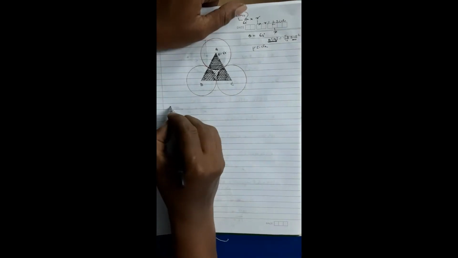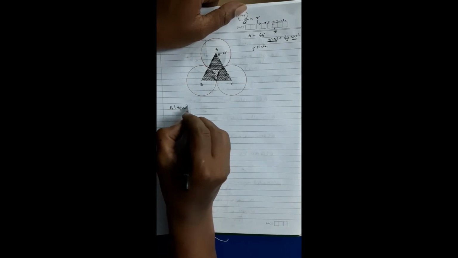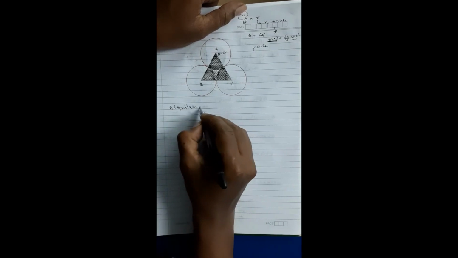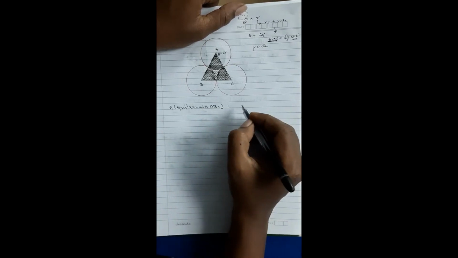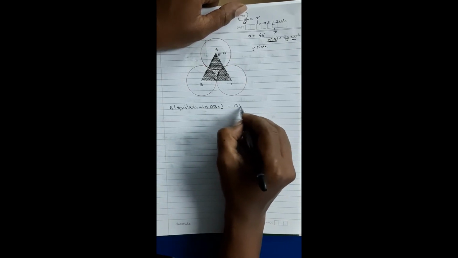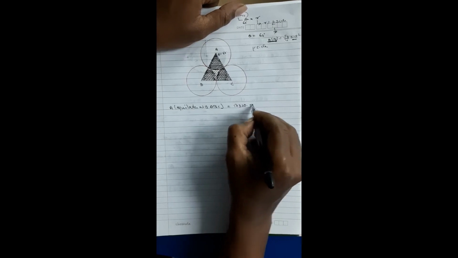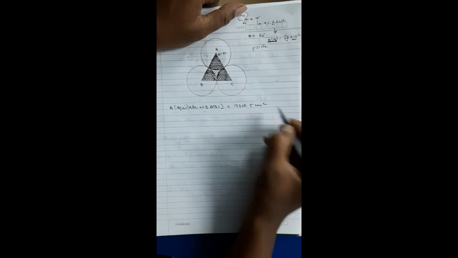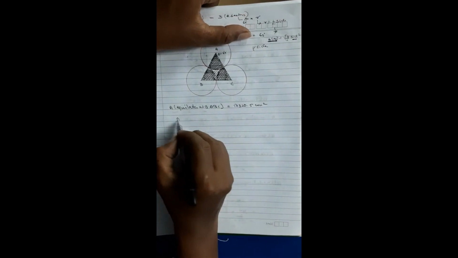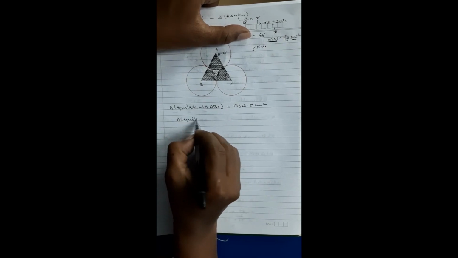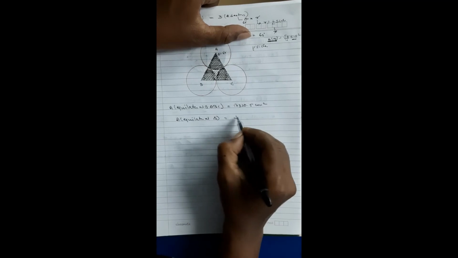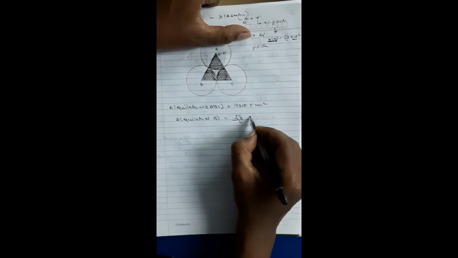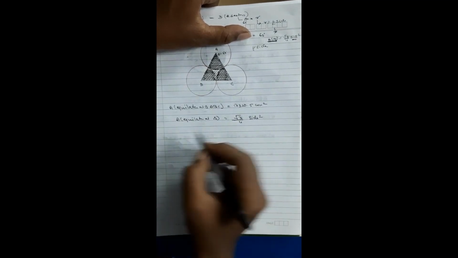So here, area of equilateral triangle ABC is equal to 17320.5 centimeter square. But then area of equilateral triangle is actually equal to root 3 upon 4 side square.